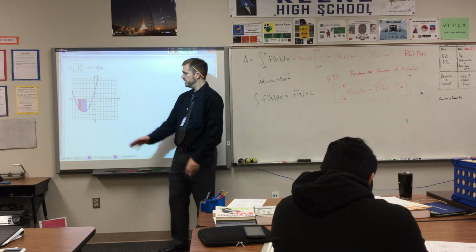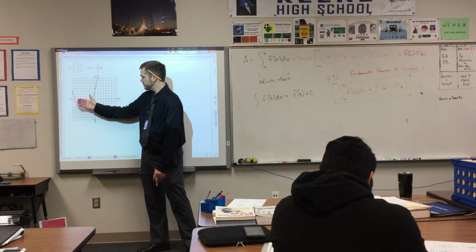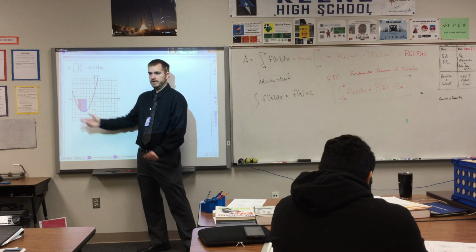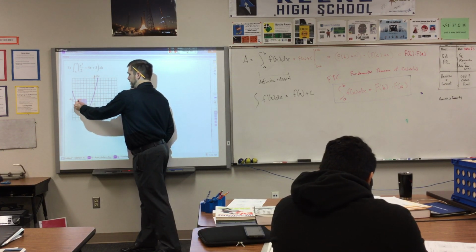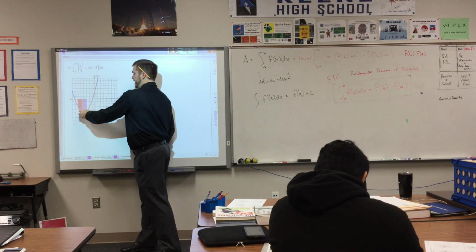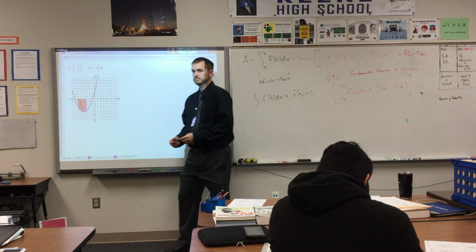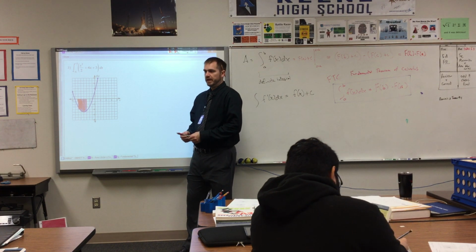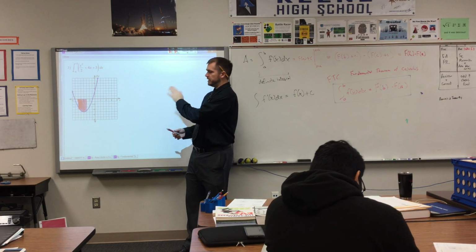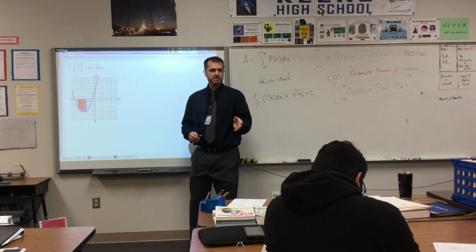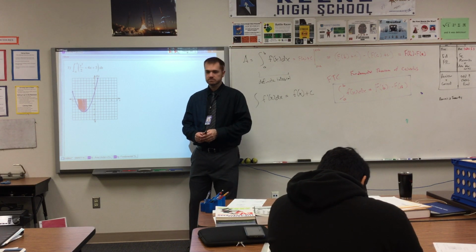So actually, if your curve is below the x-axis, then this area right here will have a negative value. Okay? And if you apply the antiderivative, you will get a negative number. Alright?